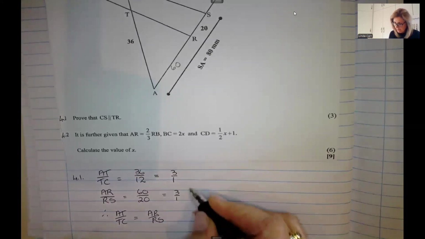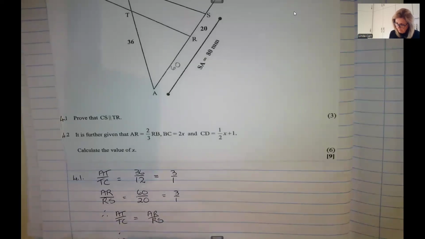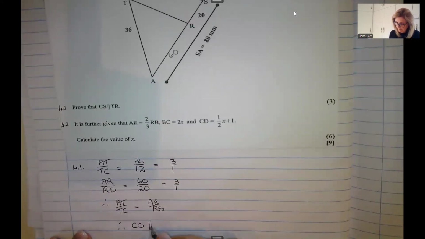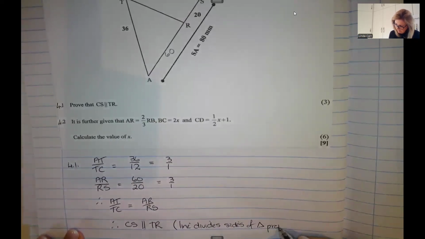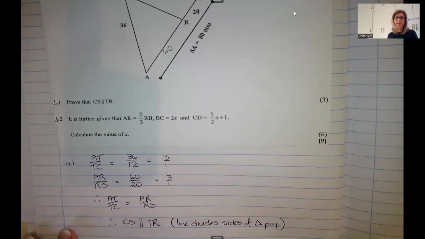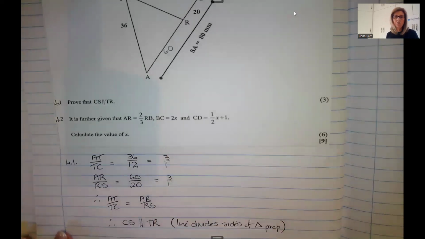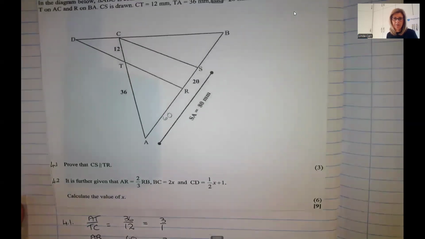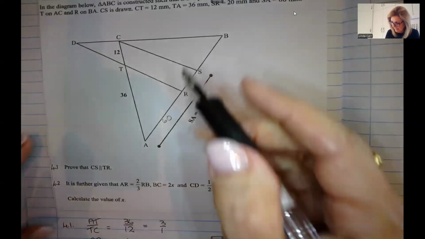And because of that, that's what we've proved. Therefore, CS is parallel to TR. Line divides sides of triangle proportionally. Okay, there is no other correct way to prove parallel lines using the proportionality theorem other than going really slowly. All right, it is further given that, so let's fill in those parallel lines, by the way.